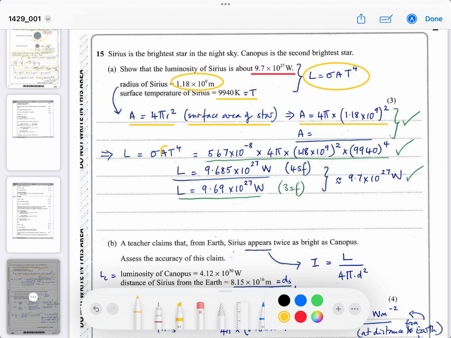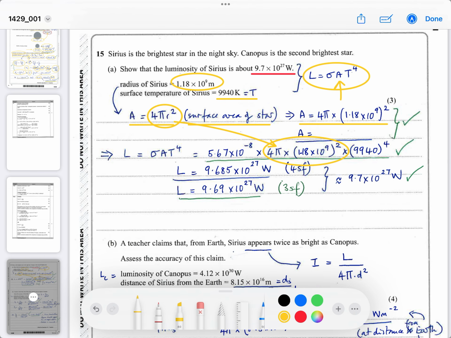Instead of putting area in this equation, you put 4 pi r squared, then you can do it all in one go, which is what the examiner's done in the mark scheme.